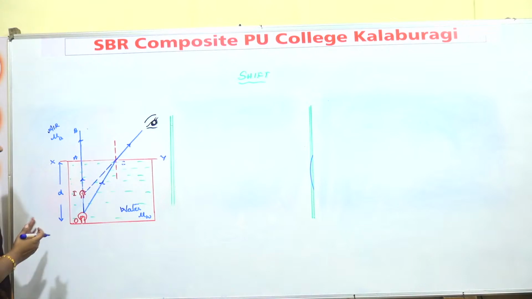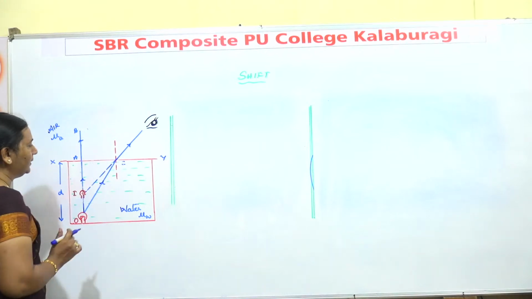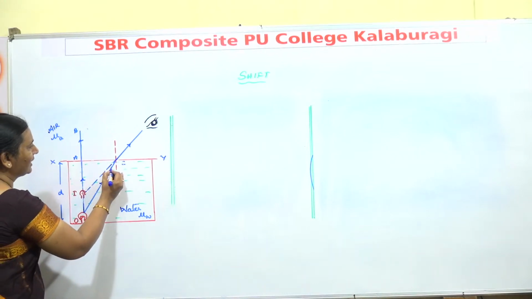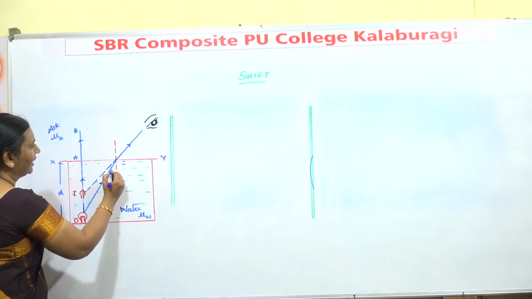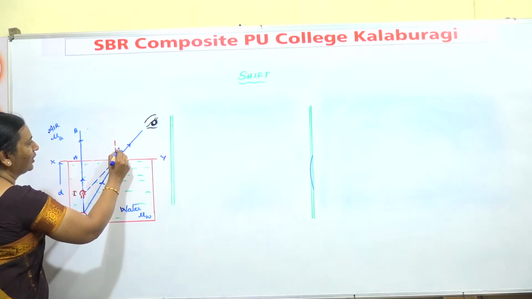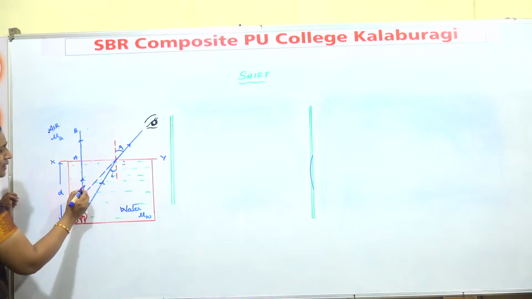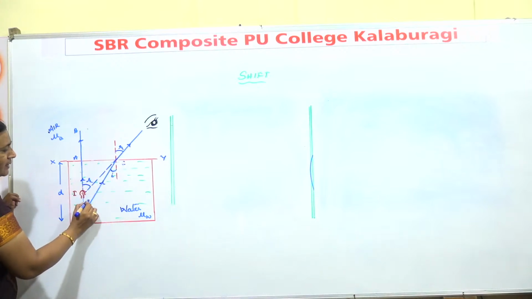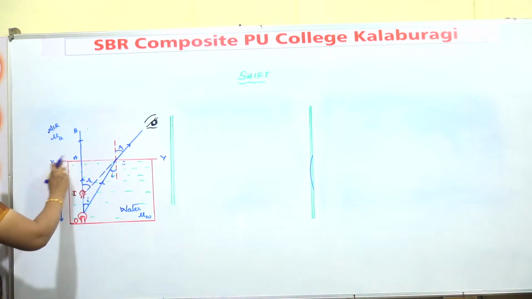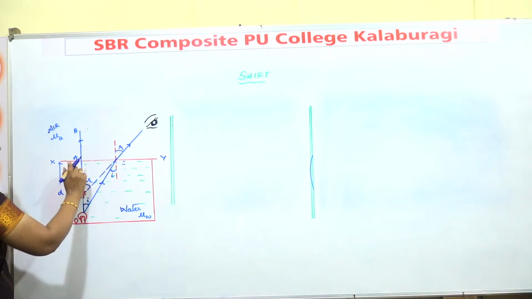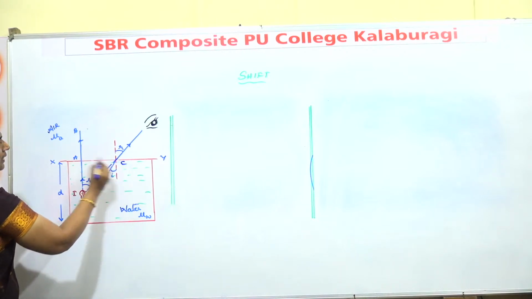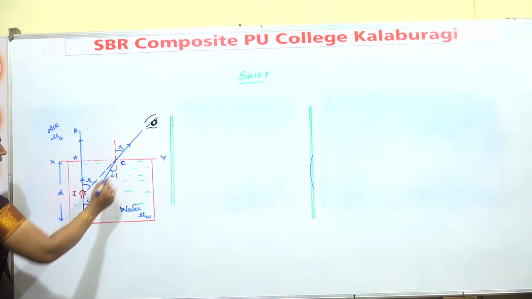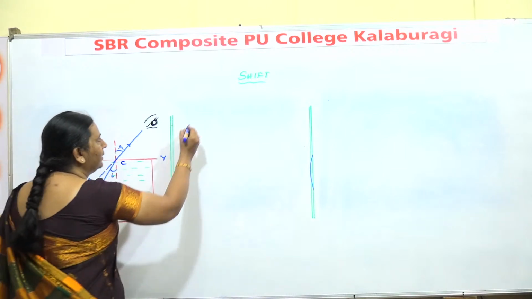Understand? So if you take here, initially this is your angle of incidence, and this is your angle of refraction. Being corresponding angles, I can take this as angle of refraction, this as angle of incidence. Let us take these two triangles, ACI and ACO.